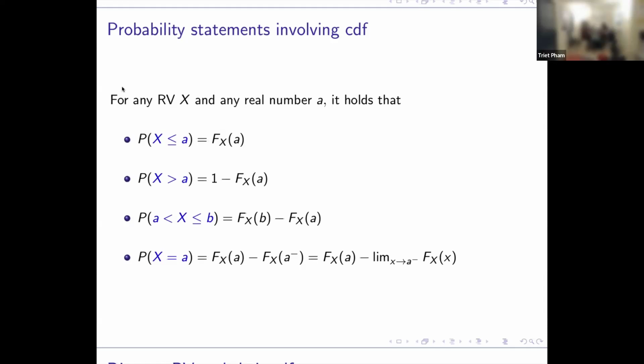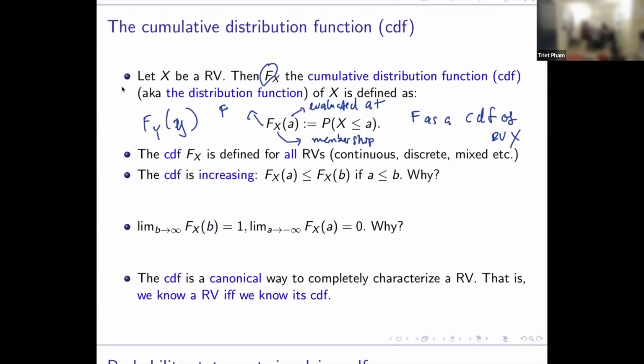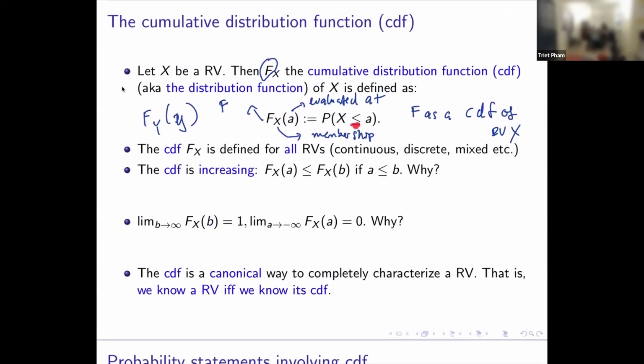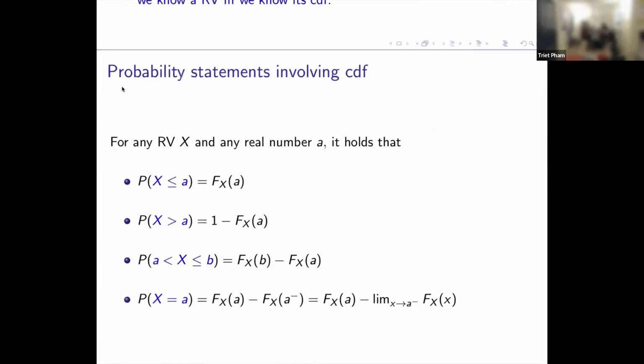But for one thing, the CDF has the equal to here, all right? Without the equal to, that's not a CDF, but the left limit of the CDF.